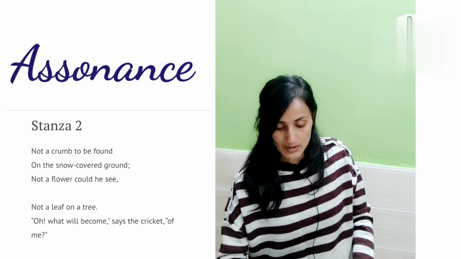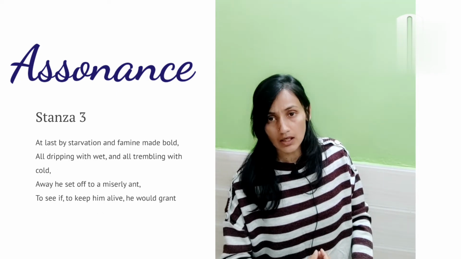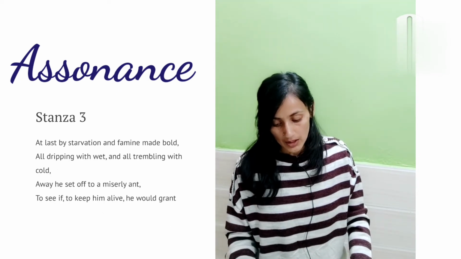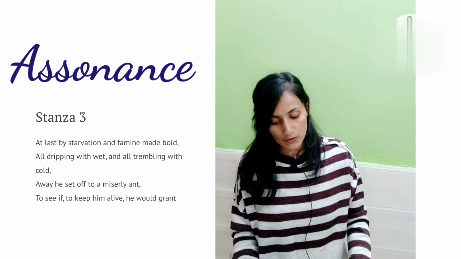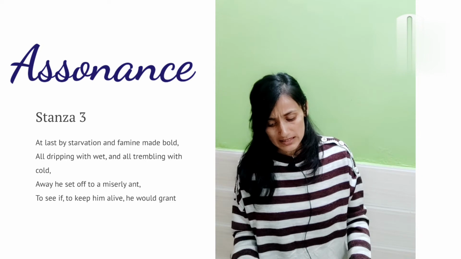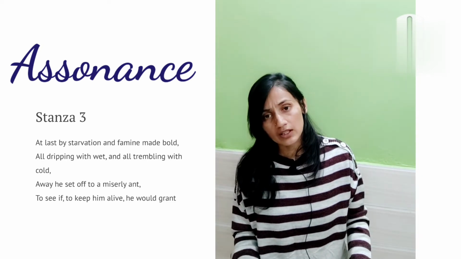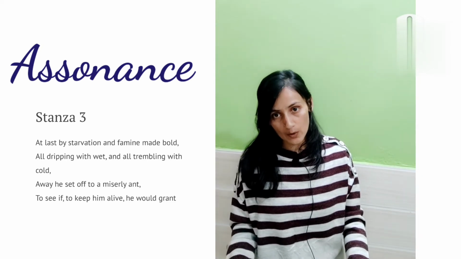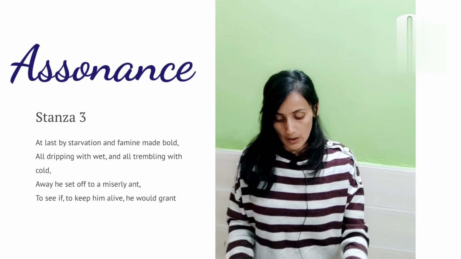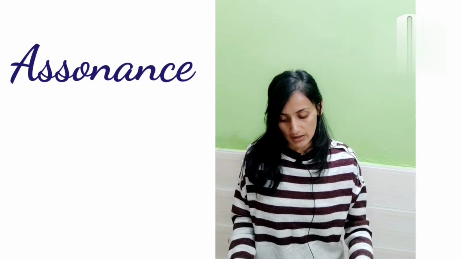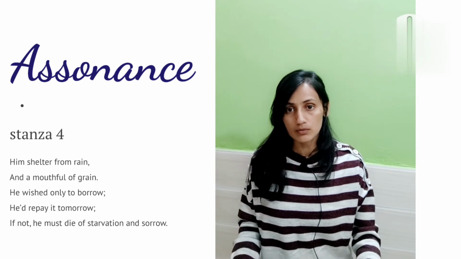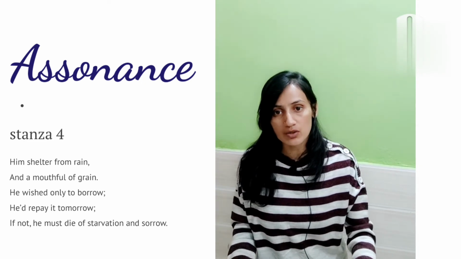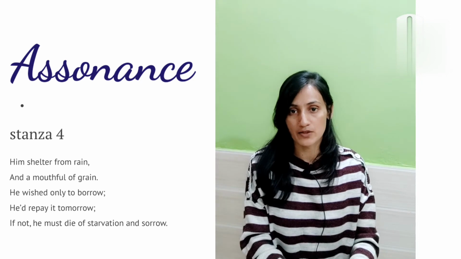That's assonance. In the third stanza, we also see in the last line, to see if to keep him alive, he would grant. So see, keep, alive, he, there is a prominent E sound, that's assonance. In the fourth stanza, in the third line, he wished only to borrow, there is a prominent O sound, that's assonance.